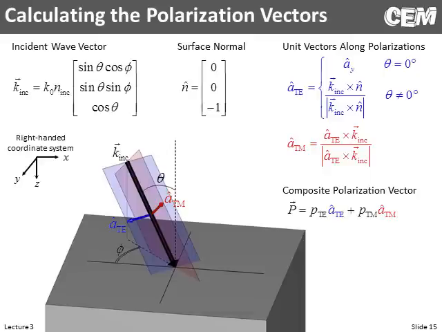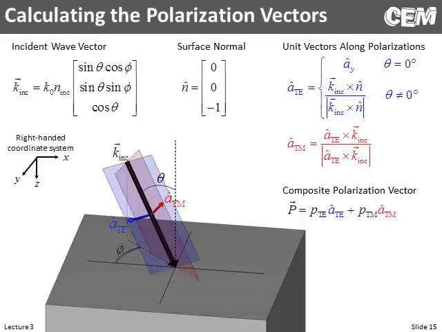So if we want a vector perpendicular to that, that's a cross product. If we take a cross product of k and the surface normal, we get a vector that's perpendicular. We can't trust its magnitude yet, so what we need to do is take the cross product and then divide by the magnitude of that cross product. That gives us a unit vector in the direction of the TE wave.